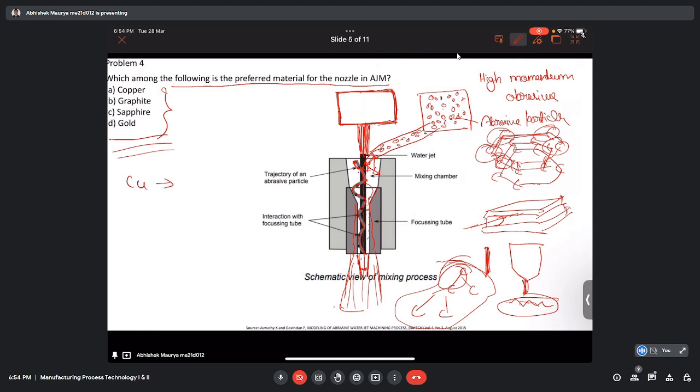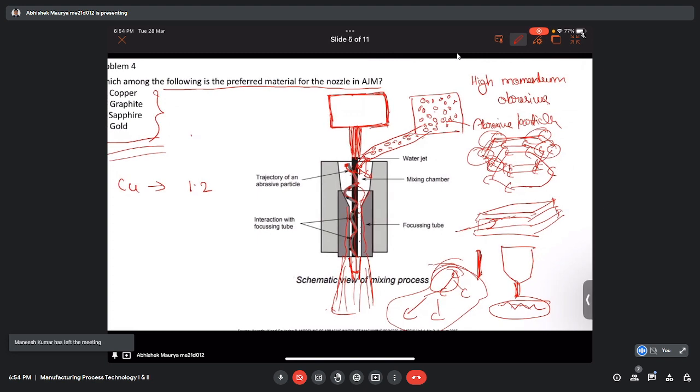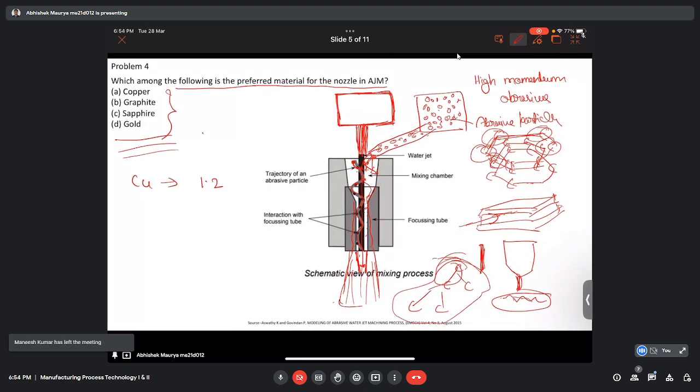Okay, copper has hardness of 1.2. The scale is Mohs. There are many scales of measuring hardness, but here, just for comparison purposes, I am using the Mohs scale.